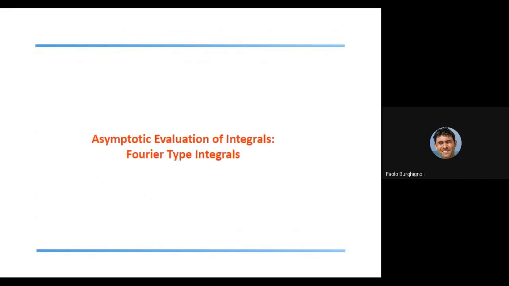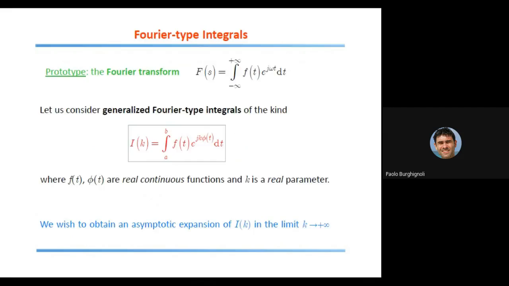Okay, now let us consider the other family of integrals we are discussing today, the so-called Fourier-type integrals, which of course come from the prototype, which is the Fourier transform, which is not a function of s, of course. This is a typo, it's a function of omega, and in which the kernel now is again an exponential, but with a purely imaginary exponent, as long as t is a real variable and omega is also a real variable.